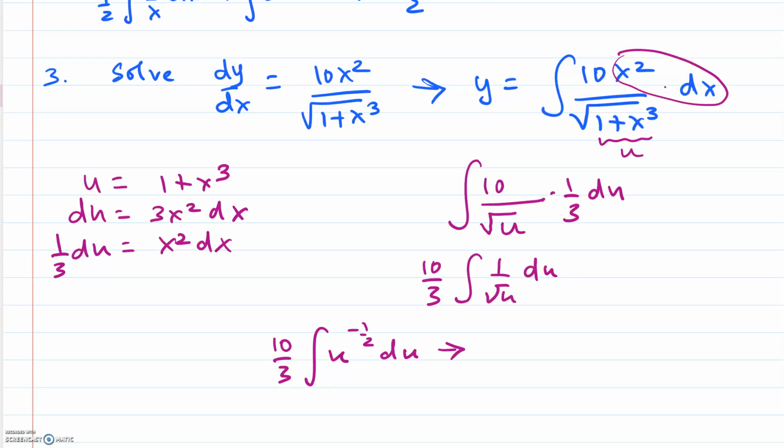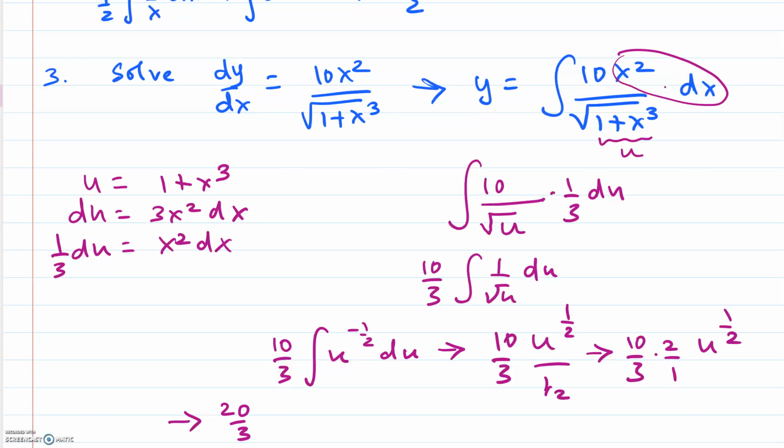Of course, this will go on to 10 by 3 power rule, u to the half over half. So this will become 10 by 3, 2 by 1, u to the half. So final answer is written in x. So we have 20 by 3, u is going to be (1 + x cubed) power half + c.